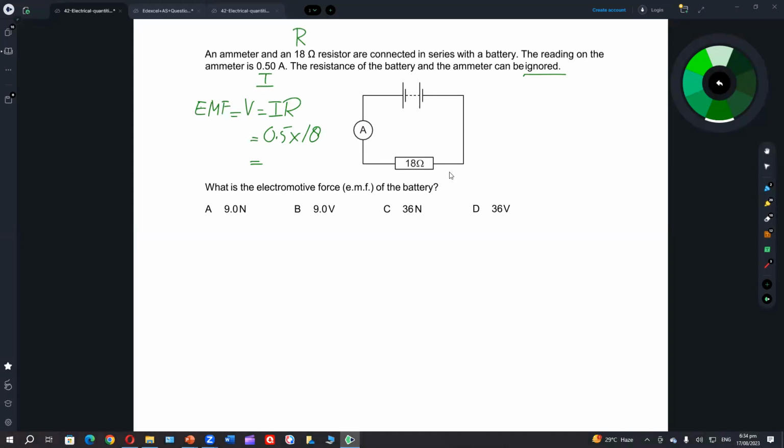Nine. B. Hamad, what are you getting? 9 volt. 9 volt, I said.